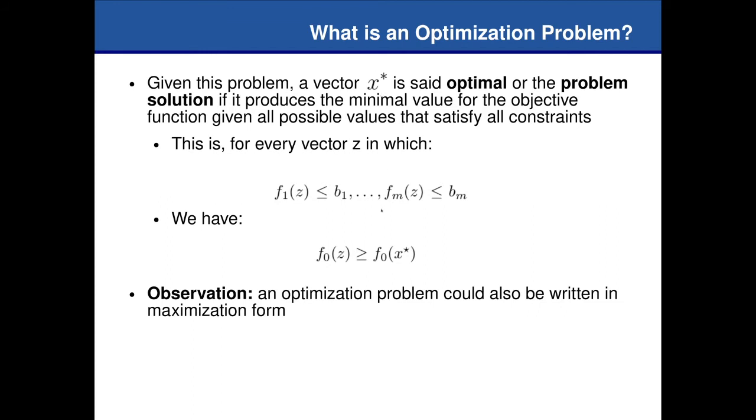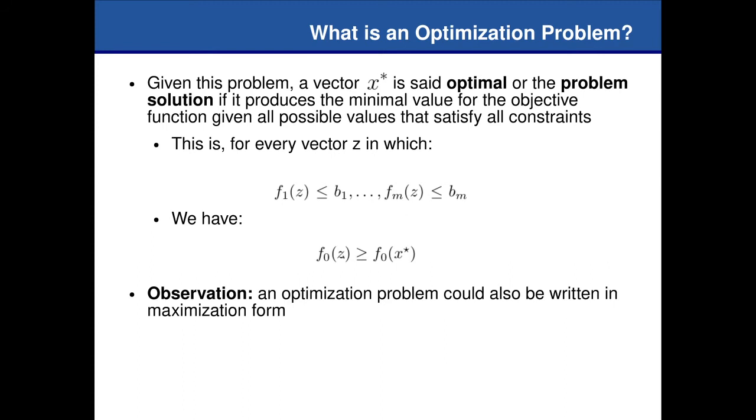In this particular scenario, that is the same as saying that if we apply x star into f0, which is my optimization function, it will produce the smallest possible value, or maybe equal, compared to every other application of z. Suppose z is any other possibility for x, of course satisfying our constraints.